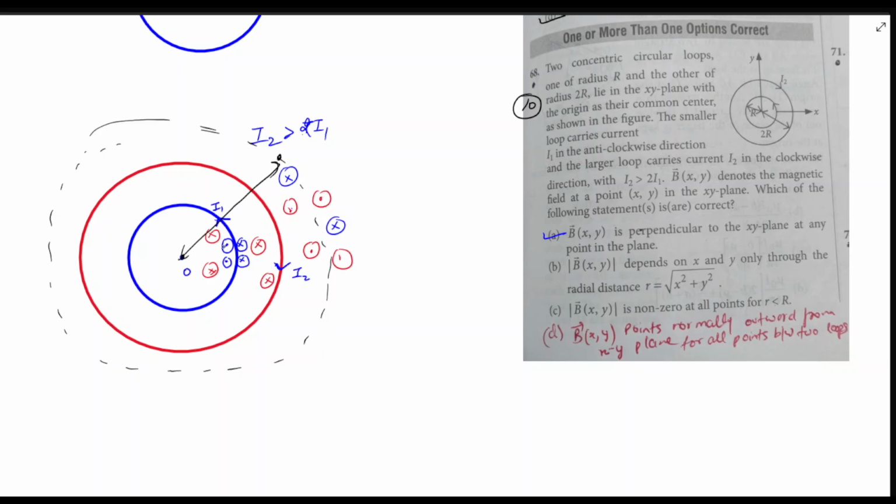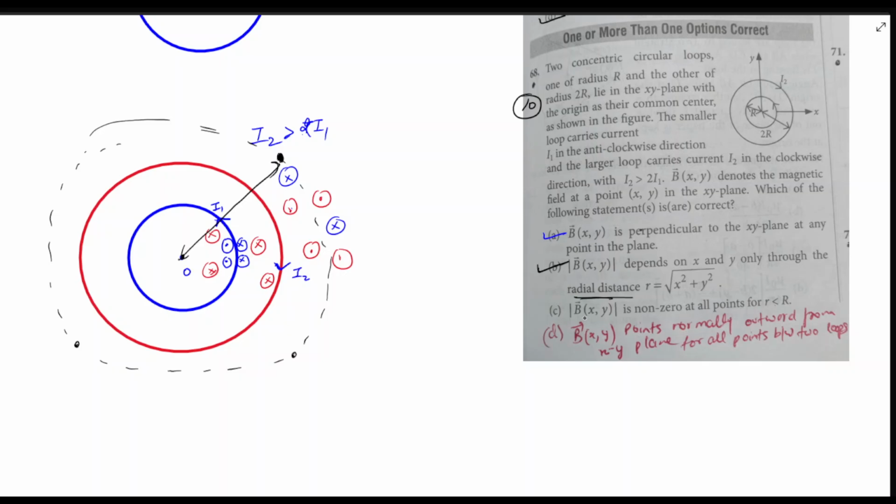Because the magnetic field is not proportional radially here, it will not be here, so at every point the magnetic field should be different. But as it is symmetric, magnetic field on the circle should be equal, right? So by symmetry, we can say it depends only on the radial distance. So B option is correct, right?